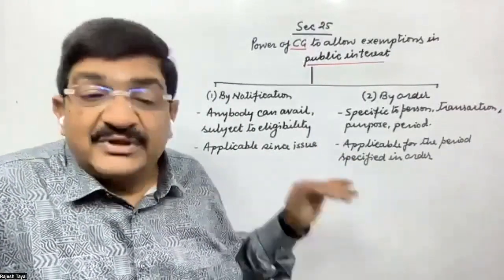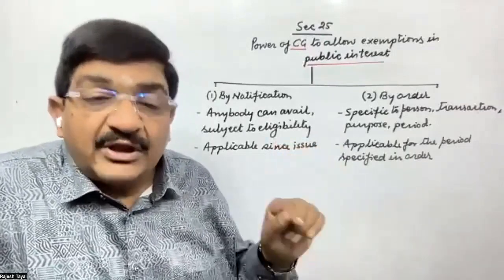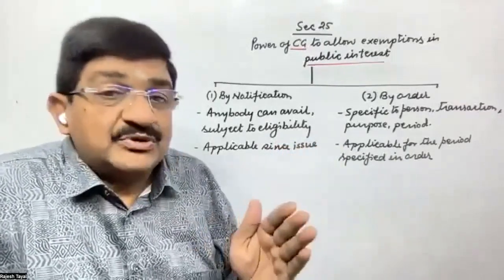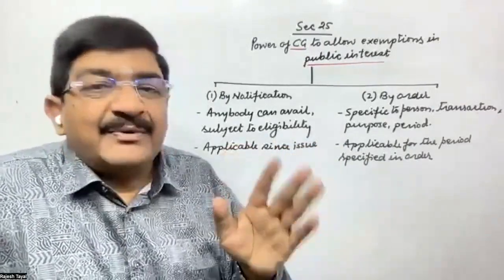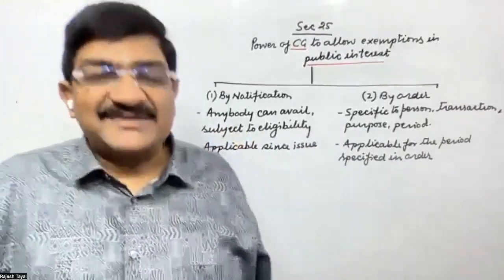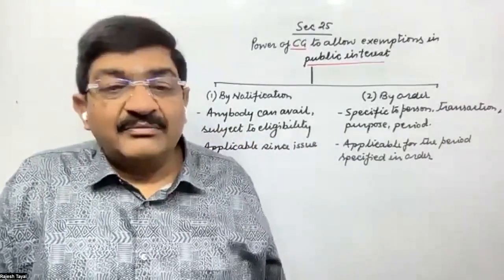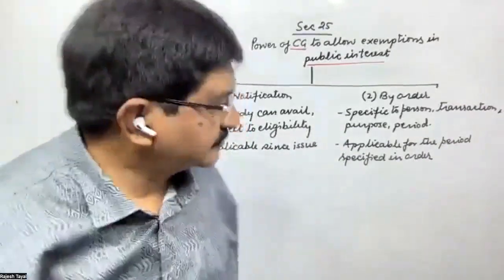Isn't it? So that's how the notification is applicable immediately on issue. Now, this itself can be a question: on issue or on publication. Publication will certainly come next day at least. Even if it comes as fast as possible, it will come next day. Right. But applicability is as soon as it is issued.